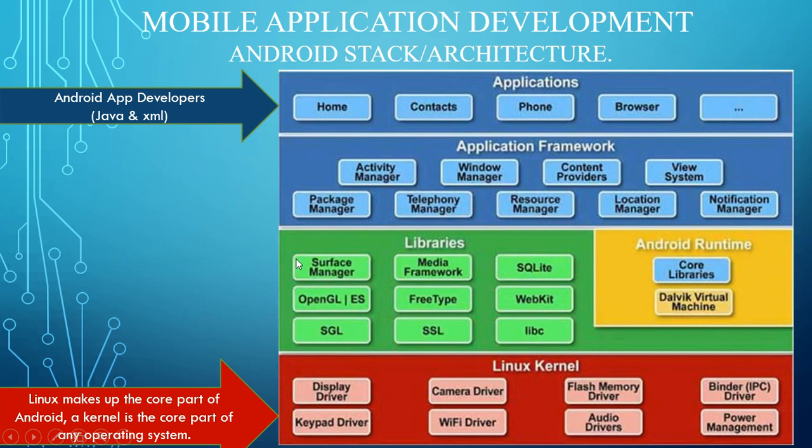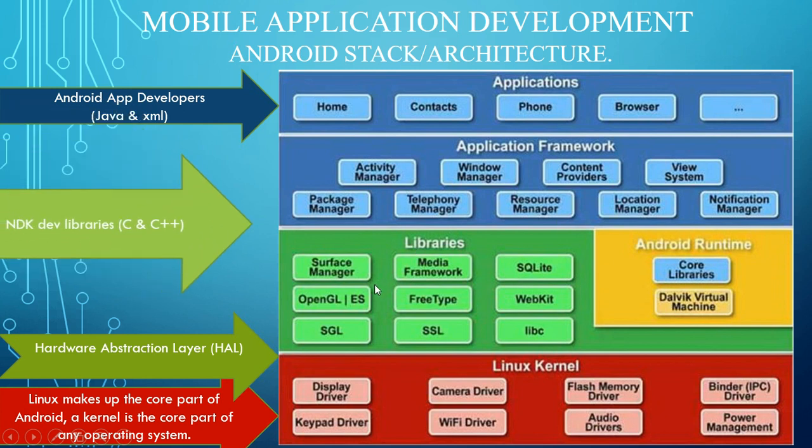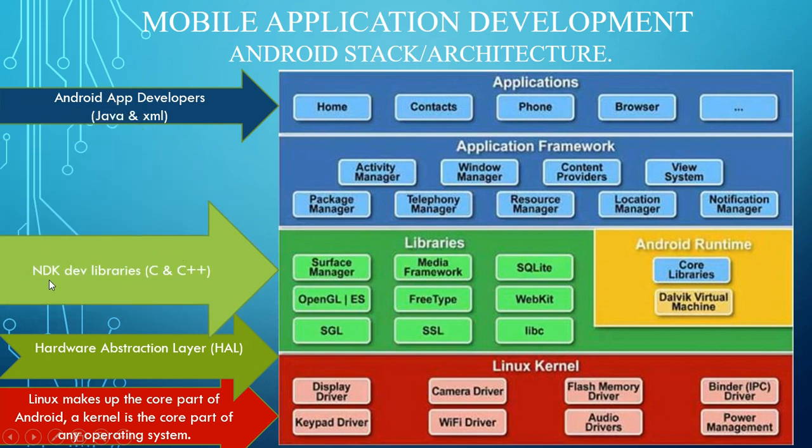So that will manage Android applications that are running on the Android phone. Right, we have the hardware abstraction layer. This is the layer which actually hides the hardware and the libraries. And next we have native development kit libraries.